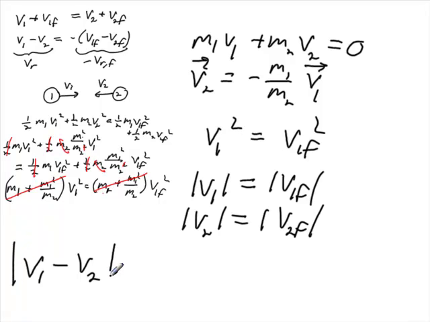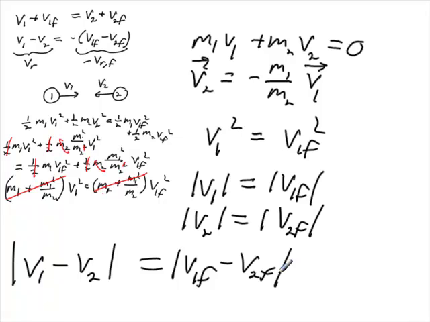So the absolute value of v1 minus v2 in the center of mass frame of reference equals the absolute value of v1 final minus v2 final. So in all frames of reference, the absolute value of the incoming equals the absolute value of the outgoing relative velocity.